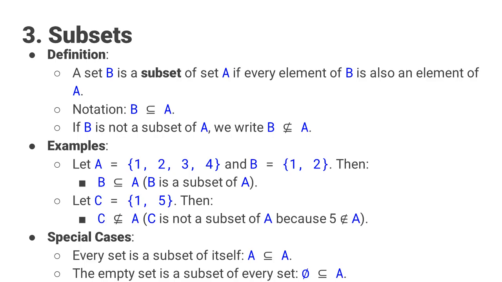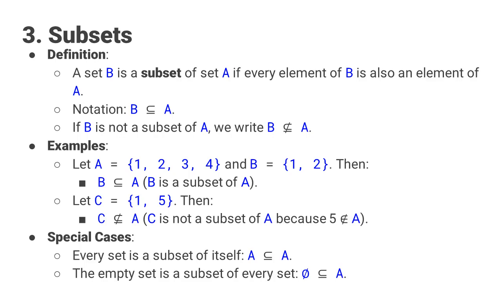Special cases: every set is a subset of itself. Of course, because every element in A is already in A, so A can be considered a subset of itself. And this applies for any given arbitrary set A. And the empty set is a subset of every set.